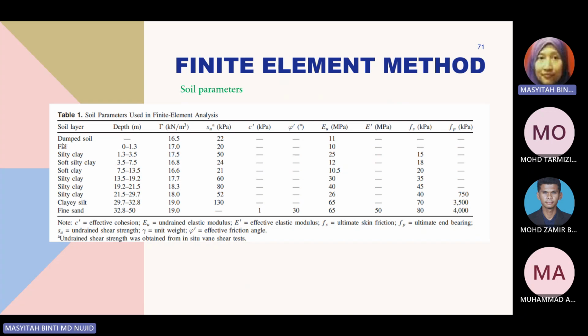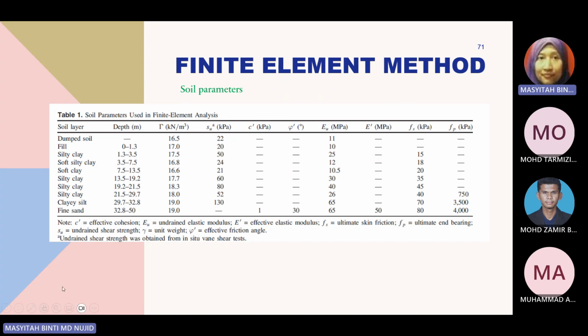You can see that the parameters differ according to depth, from the first layer, 0 to 1.3, down to the last depth at 32.8 meters. These parameters and the value of the soil parameters influence the final output from the simulations. So FS, FP, ultimate skin friction, ultimate end bearing, and the other parameters, I think, are suited for the Mohr-Coulomb model.